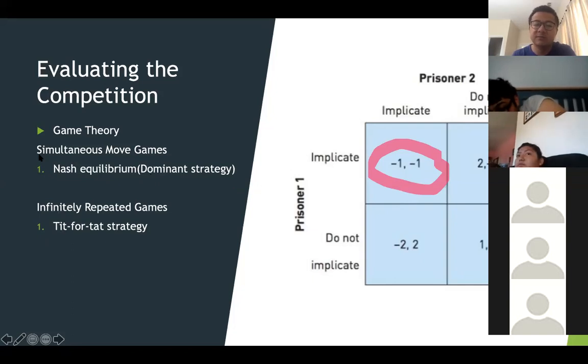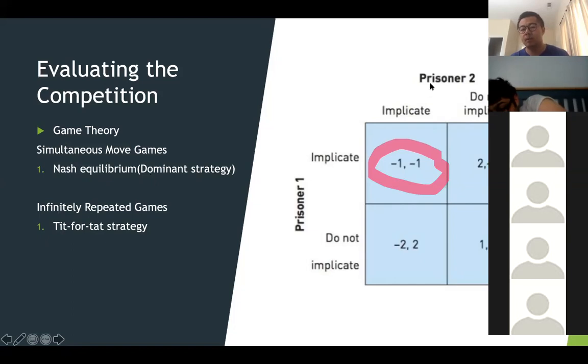Here, they are the same thing. The first one is simultaneous move games. That means the competitors, like in the example of the prisoner's dilemma, don't know each other's moves, so they move at the same time.